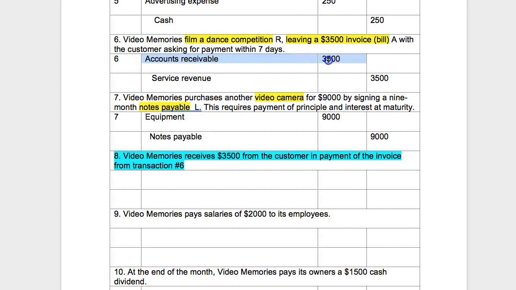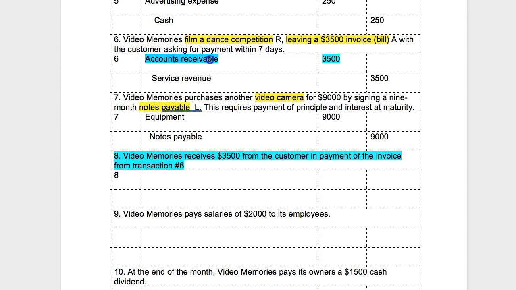Now in transaction number 6, we recorded an accounts receivable for $3,500, and that means we were waiting to collect the money from the customer. Now down here in question 8, we are now receiving that cash from the customer. So the accounts receivable will decrease and cancel because we are now receiving the money from the customer.